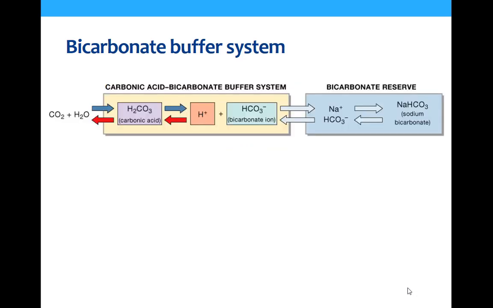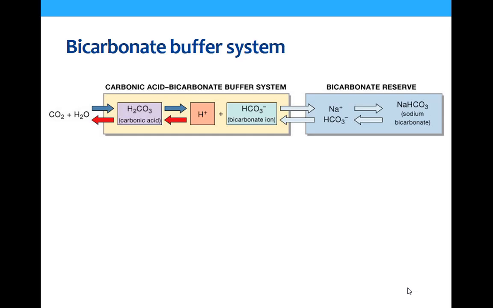Let's put it in context now. Two members, right? Carbonic acid and bicarbonate. If H plus is added to the system, bicarbonate can combine to it, right? Form carbonic acid and break down into CO2 and water. And we have this bicarbonate reserve.